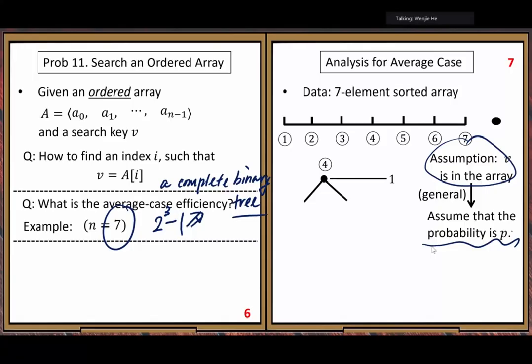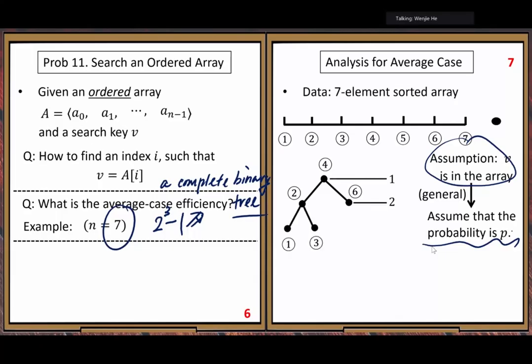Then after that, there are 2 branches. We can go left branch or right branch. For the left branch, the next round comparison, we should compare V with node 2. For the right branch, we should compare V with node 6. So that's the level with comparison number 2.